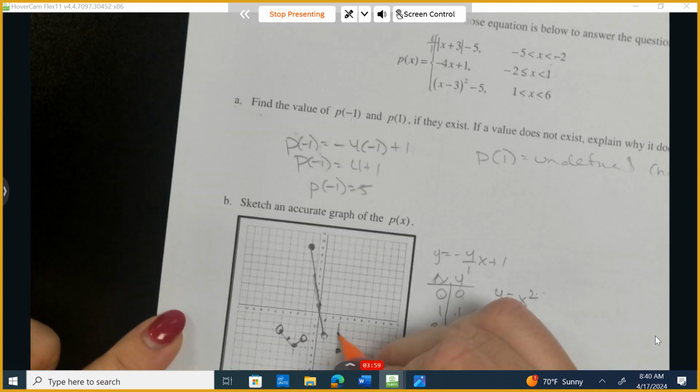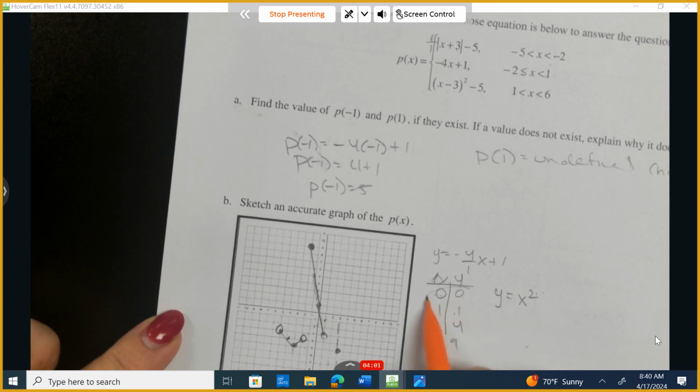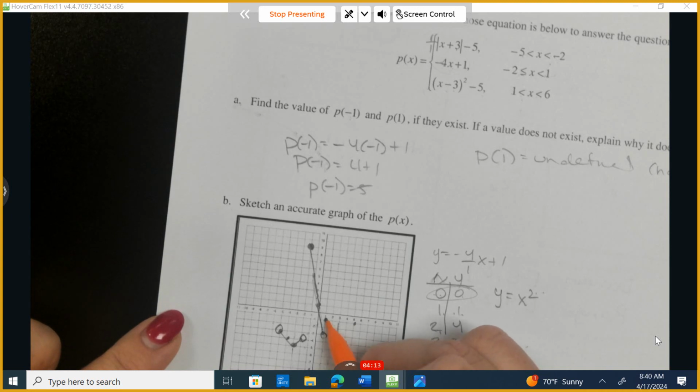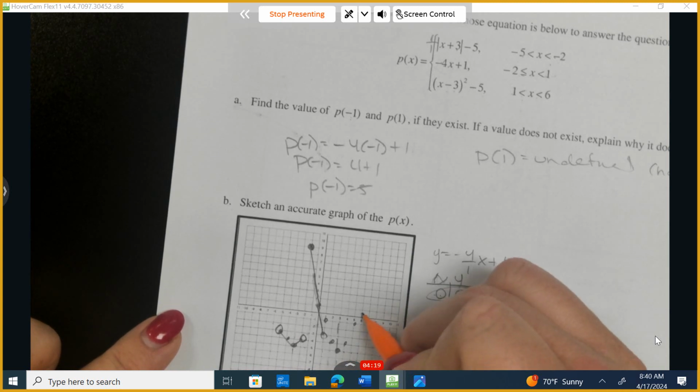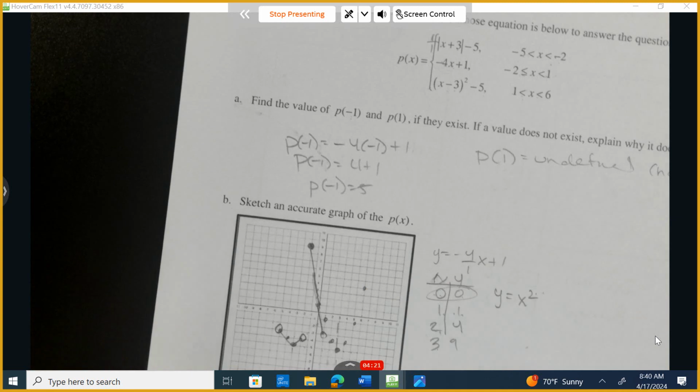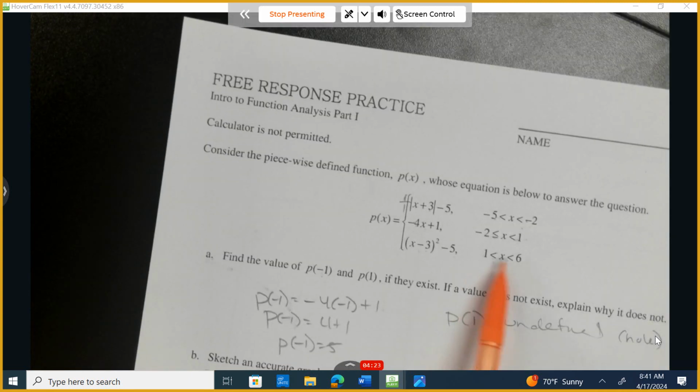Here we go. We know it's symmetrical. This is 0, 0. I'm going to go over 1, up 1. Over 1, up 1 to both sides. I'm going to go over 2 and up 4. Over 2, up 4 to both sides. And then I'm going to go over 3, up 9. But before I connect them, it says go between 1 and 6.